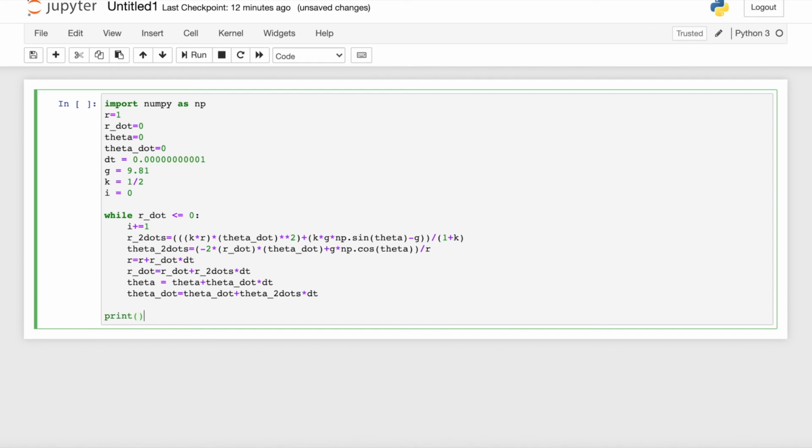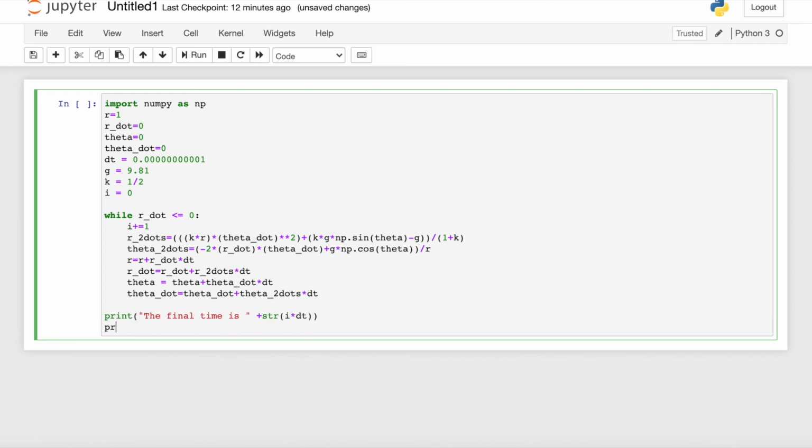So now we just want to print, let's say the final time is, and we can string it with i times dt, which would give us how many time steps have passed, how many times this loop has run, times the dt, which gives us how much time has passed. And we also want the final value of r is, and we string that with just the value of r.